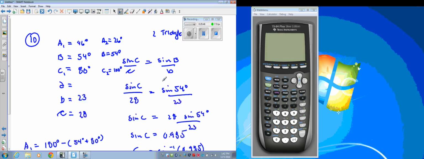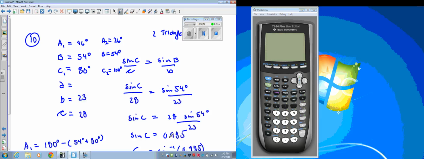But when the sine of this equals 1, then there's only 1, because then it's a right triangle. But when this value right here is between 0 and 1, then you have this possibility of 1 or 2.